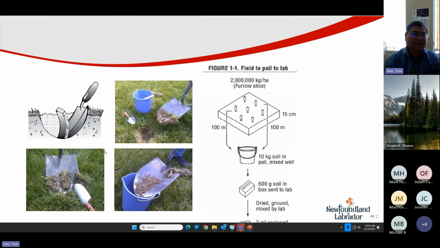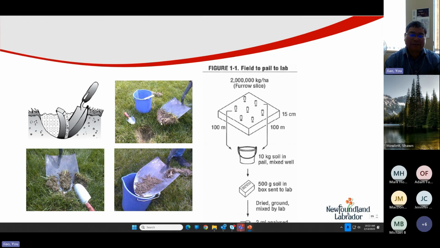Let's take the sample. What we want is a slice of soil. This is the sample we want to take. Most likely, and very commonly, we use the shovel or spade. When we use this shovel, we get the most sample on the very top surface, but deeper, at 10 or 15 centimeters, we get less sample.